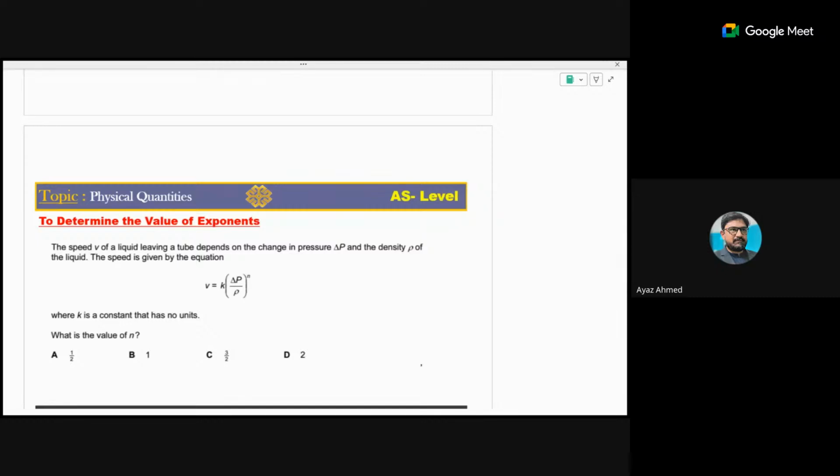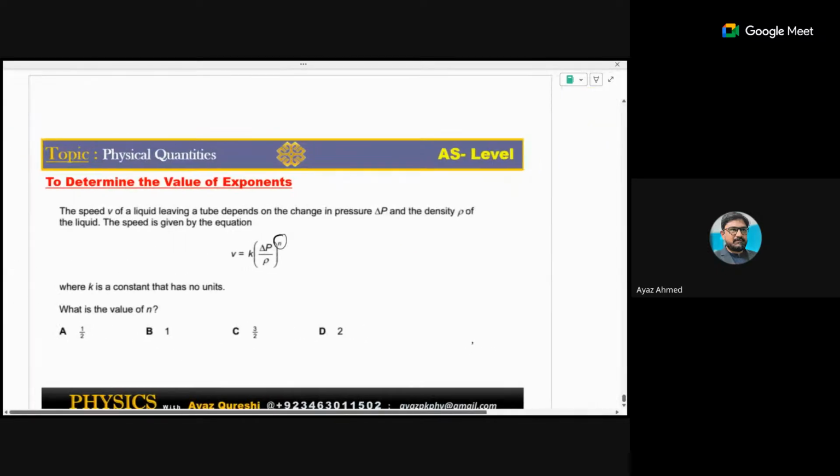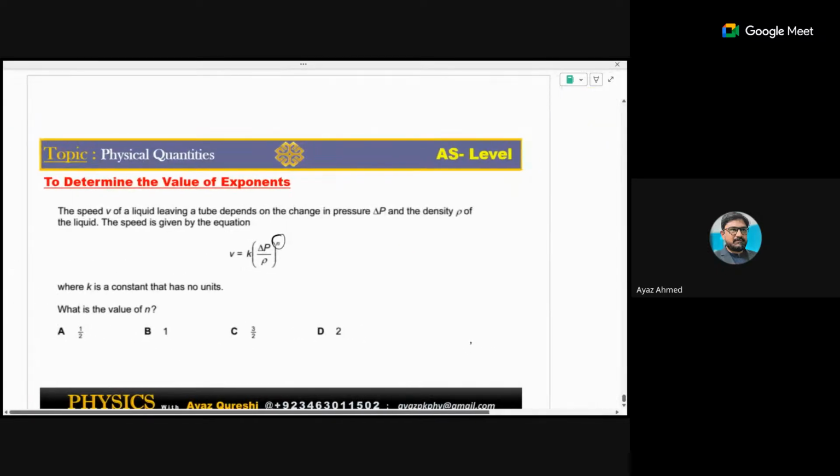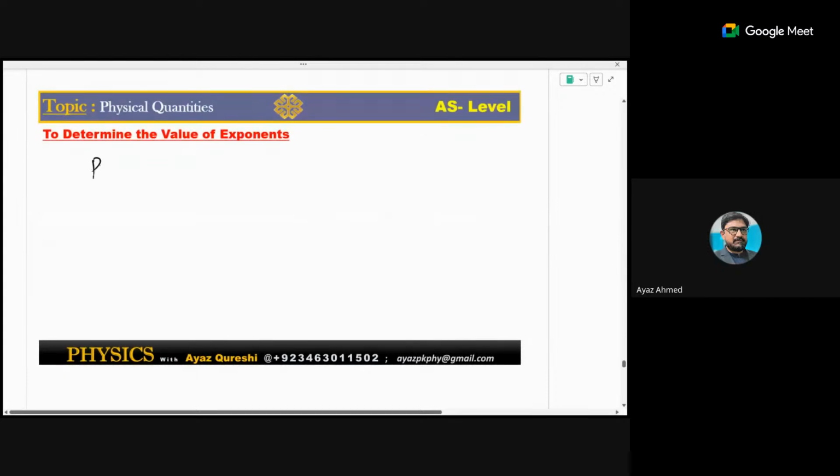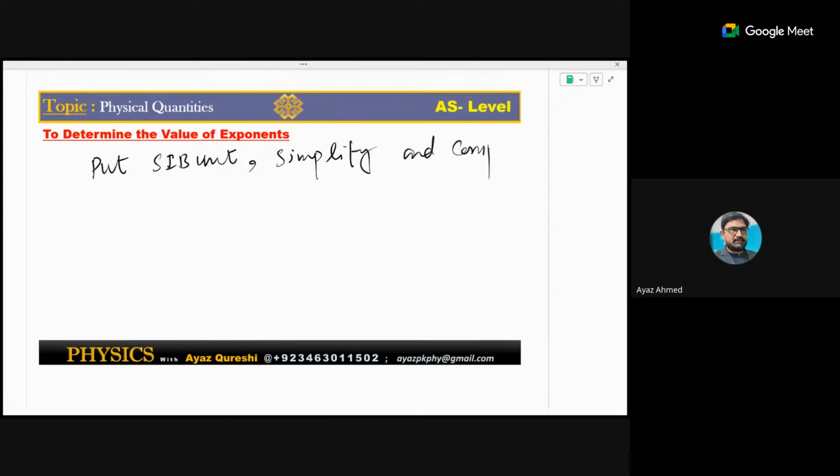Please find out the value of this n. For this purpose, just because I have to wind up quickly, here I'm going to write the rule: put SI base units, simplify, and compare for powers.